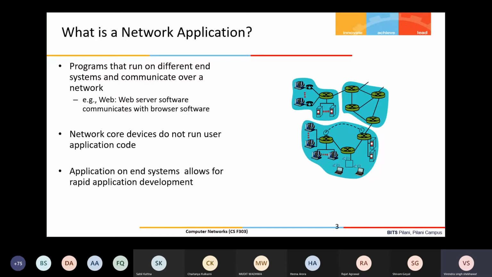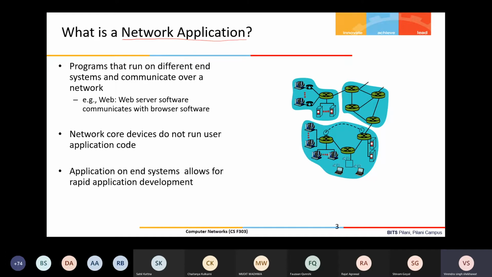Now, when we talk about the network, the applications we call network applications. What is a network application? Again, it is software only, it's a program. So how is this program different from the typical standalone program which runs on a single system?